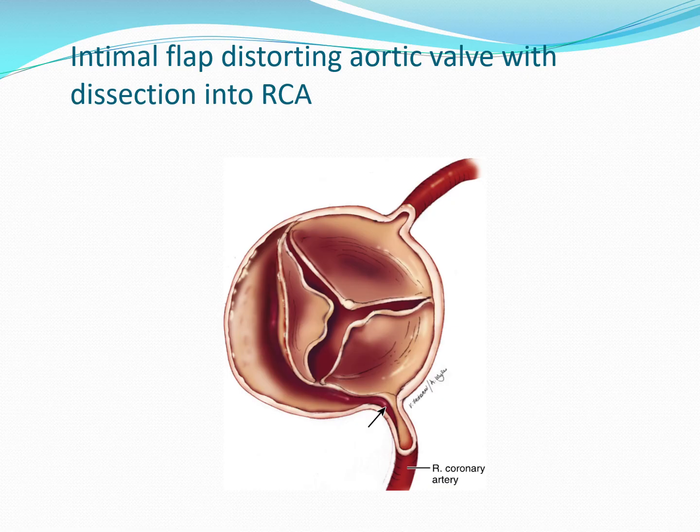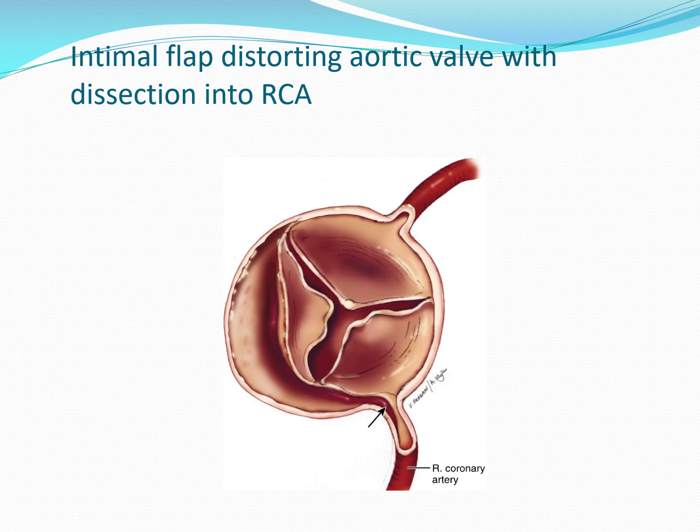If you can see this here on the right, on the left part of the screen, you notice there's a hematoma which has pushed the intima, and this will lead to distortion of the aortic cusp, which is adjacent to this intima, and the valve does not close well. So you can have aortic regurgitation from this.